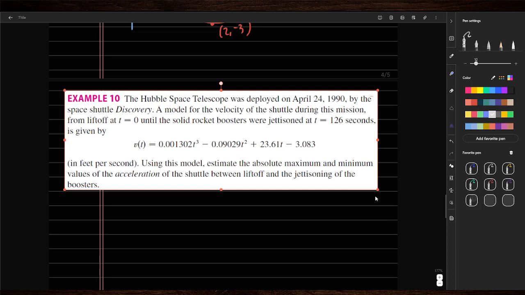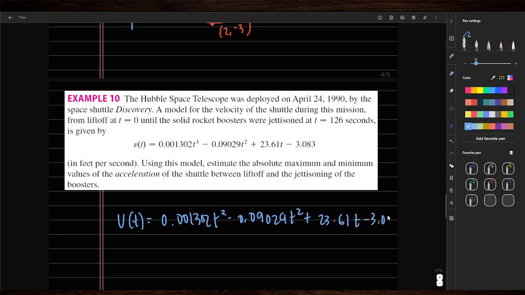We have a given equation here and a given time, so we have a given interval. I will directly write the equation. Your velocity equation is 0.001302 t cubed minus 0.09029 t squared plus 23.61 t minus 3.083.